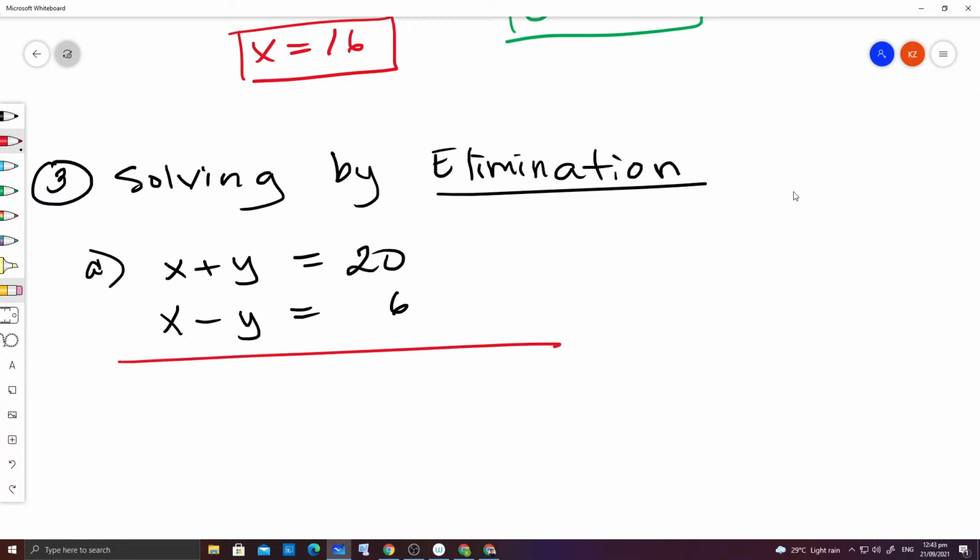So we are going to add so that you can eliminate y, because y minus y is 0. So we have 2x. x plus x is 2x. So we have 26 over 2 over 2. So x is equal to 13.